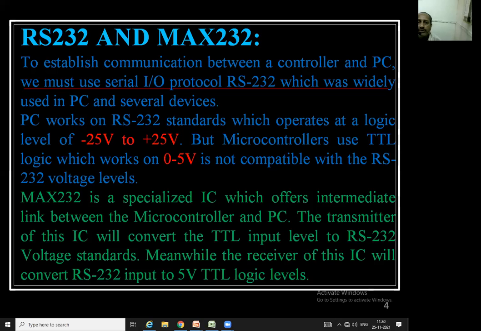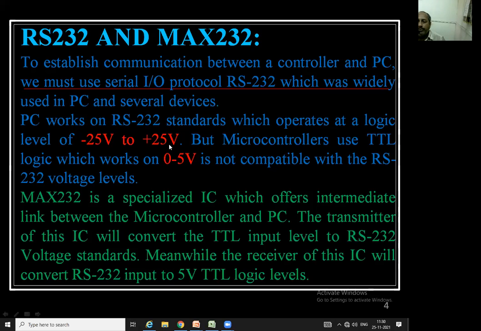That is called the RS-232 cable. Always remember this. In next year also you are going to use the word RS-232 cable. The PC works on the RS-232 standard, which operates on the level of -25 to +25.